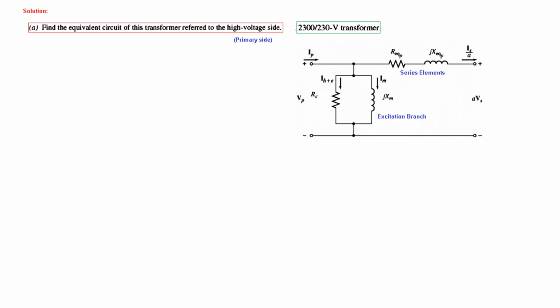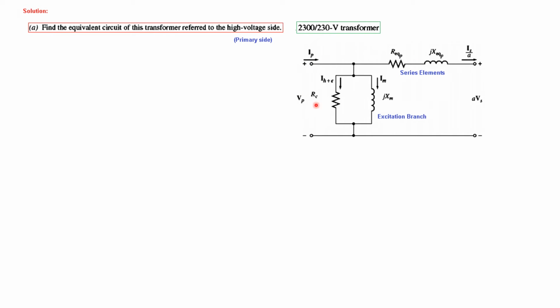Now the first part of the first question is find the equivalent circuit of this transformer referred to the high voltage side. Now what is the high voltage side? This is the voltage ratio given. That means the primary is high. So high voltage side means we'll refer it to the primary side. And we have learned from the previous video the equivalent circuits.